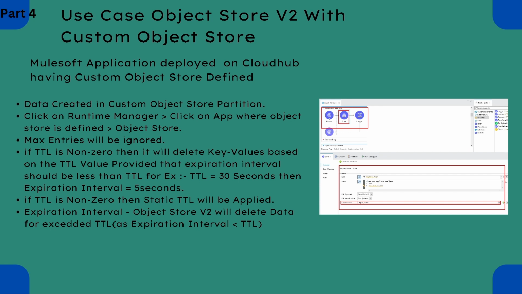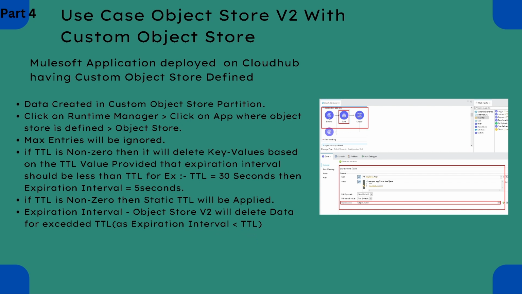Here you can see it's 5 seconds, so the expiration thread will run after every 5 seconds and check if the TTL has expired or not. If the TTL has expired, it will delete those key value pairs. So always the expiration interval should be less than TTL.